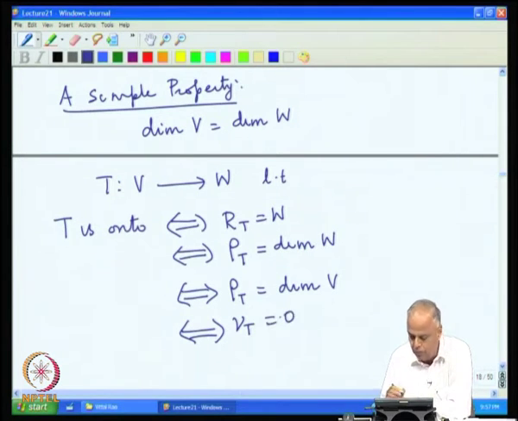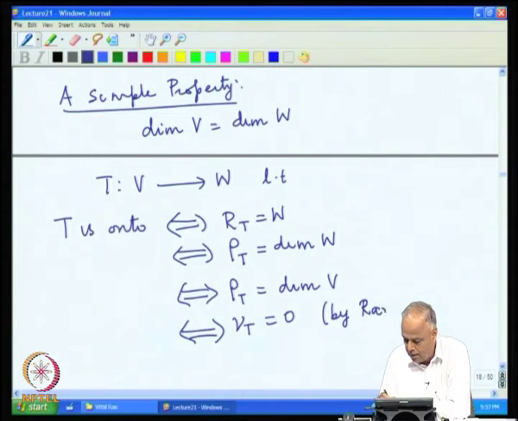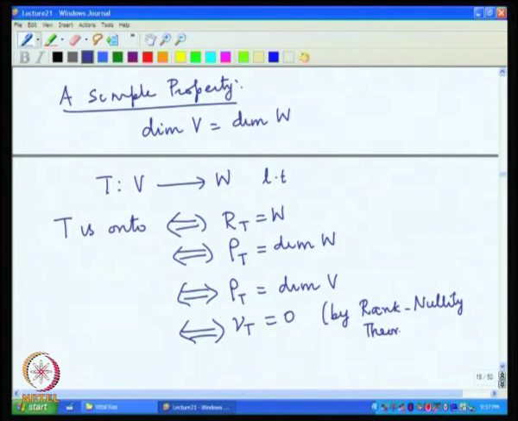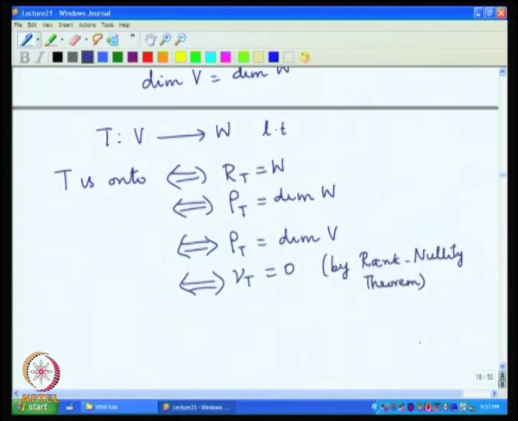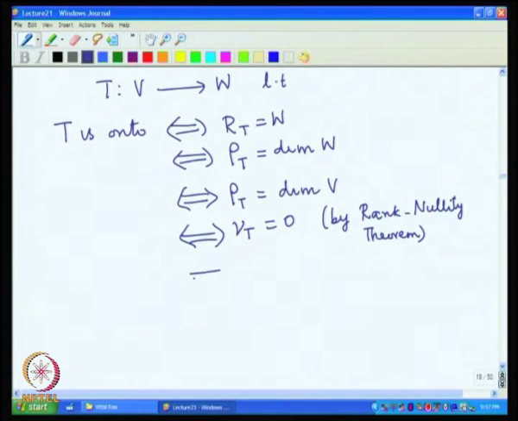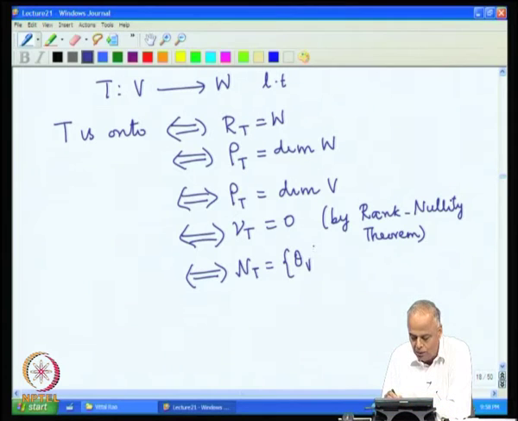So, the nullity of T must be equal to 0 by the rank nullity theorem. Now, the nullity being 0 is exactly the meaning of the fact that the null space of T consists of only the 0 vector, and this is exactly the meaning of T is 1-1.